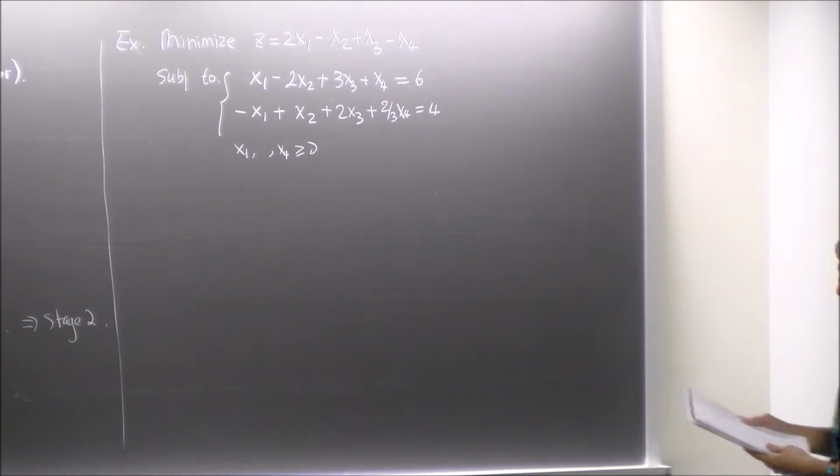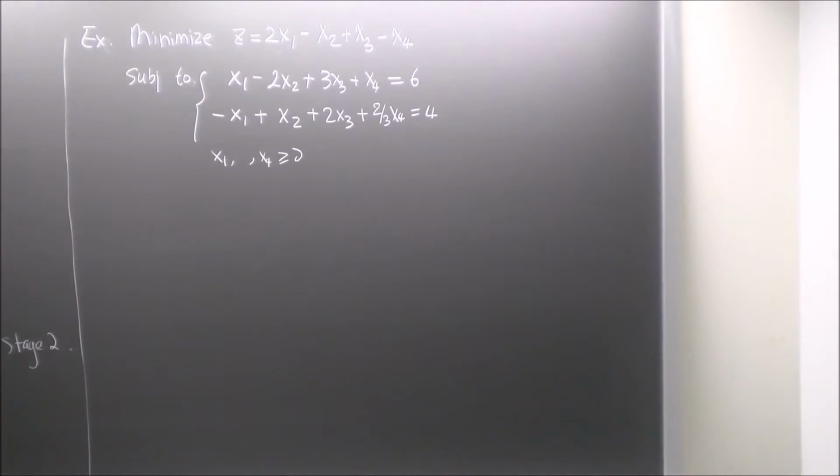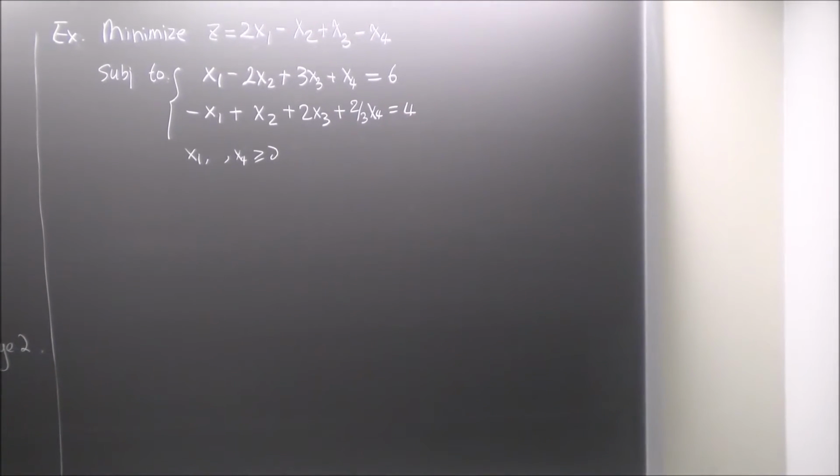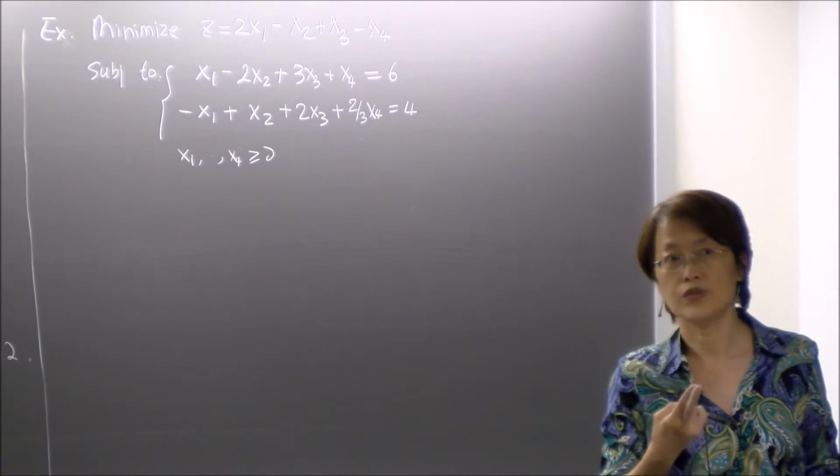So we see that this is already in standard form. Is that right? It's a standard form. It's not in canonical form. And I do not detect any existing variables that I can use as a basic variable. So I will add 2 artificial variables.